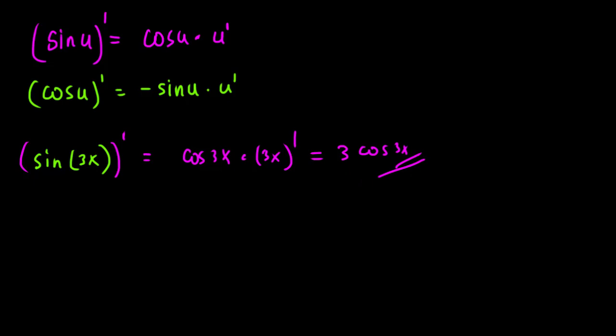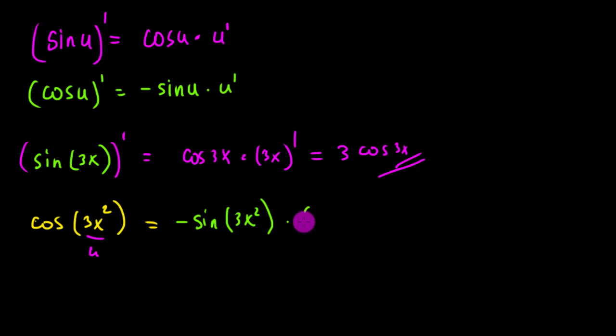Let's say you have cosine 3x squared. In this case, this is your u, 3x squared. So it will be minus sine 3x squared, and then you have to separately find the derivative of 3x squared, which we know is 6x.